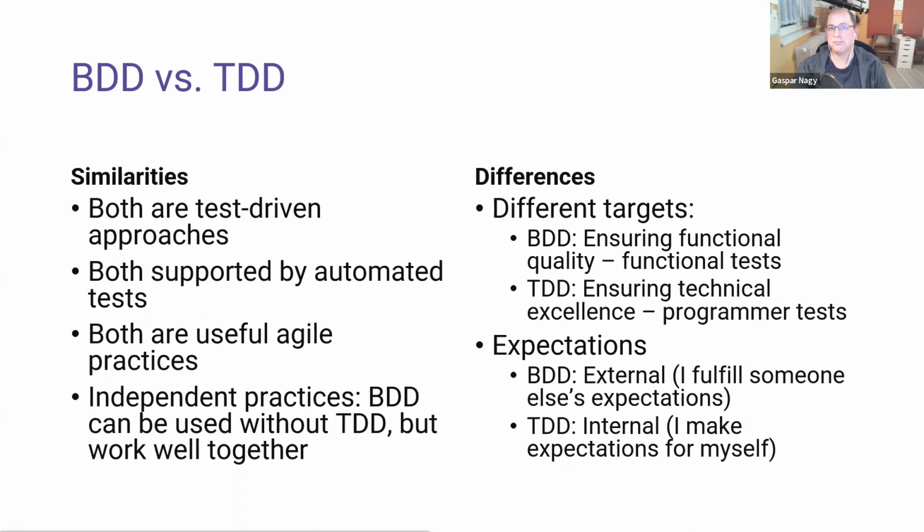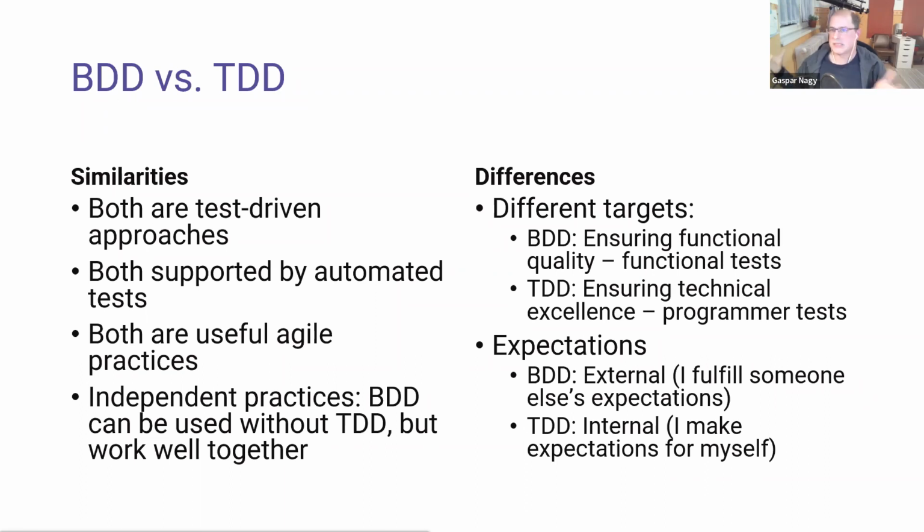Because of that, the typical expectations that we are expressing with the different technologies are also different. With BDD, we are expressing external expectations. That means that if I'm automating or implementing BDD scenarios, I basically need to fulfill the expectation of someone else, in our case the team's expectation or the product owner's expectation. For TDD, the expectations are internal. I write the test for myself and I fulfill that test myself.